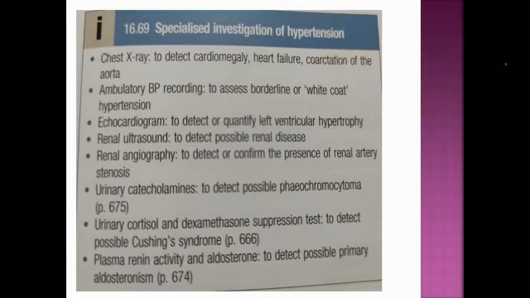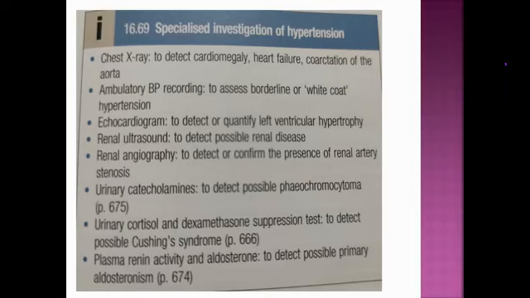If we find in the ECG there is left ventricular hypertrophy, we should go for X-ray chest to detect any cardiomegaly. In heart failure, we can see the heart size, we may see the lung base is congested, the hilar area is congested, and coarctation of the aorta can be seen in the X-ray chest.